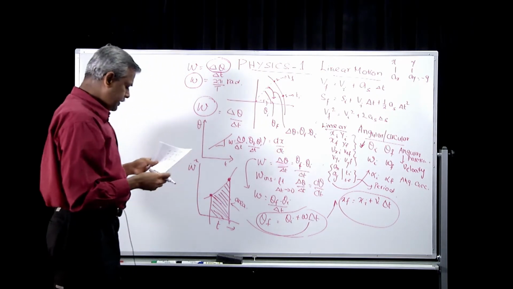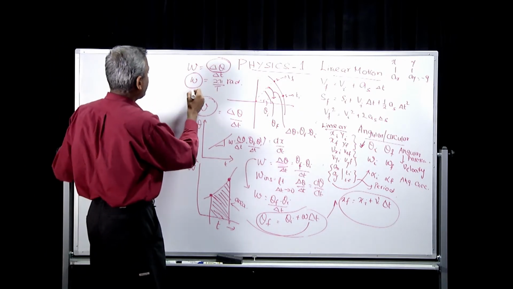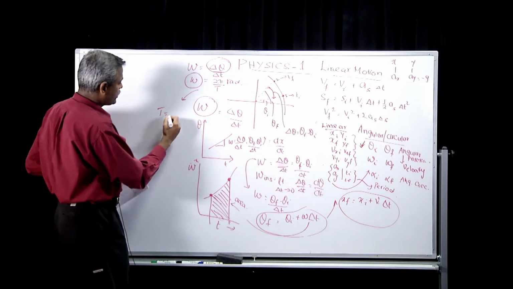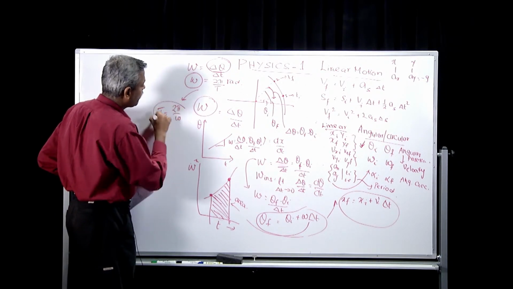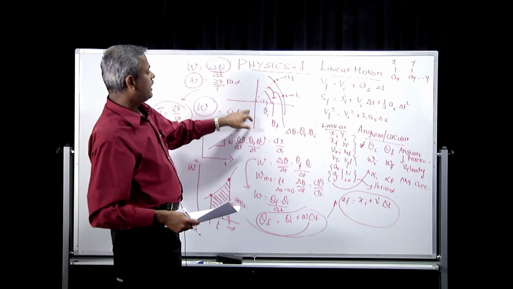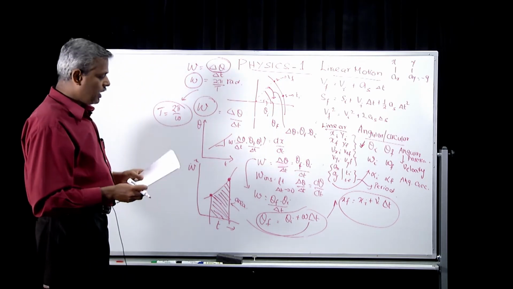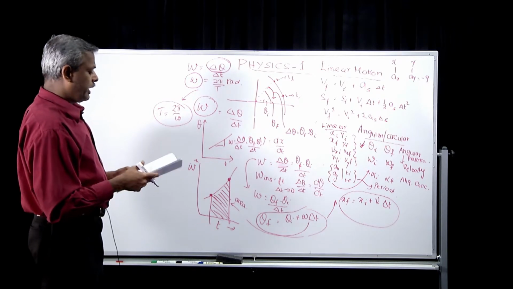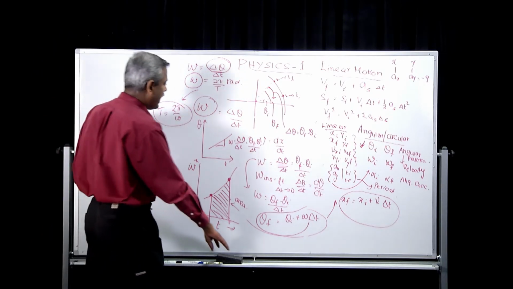Or I can also say that the time period t is nothing but 2 pi divided by omega. You can also find how much time the period takes for a complete revolution if I know my angular velocity. So, this is how you look for your equation from your angle with respect to time.